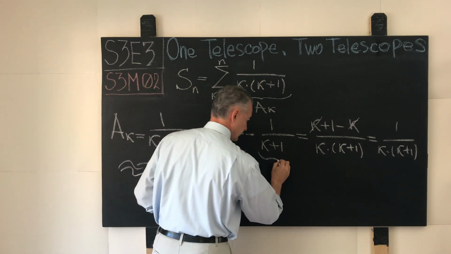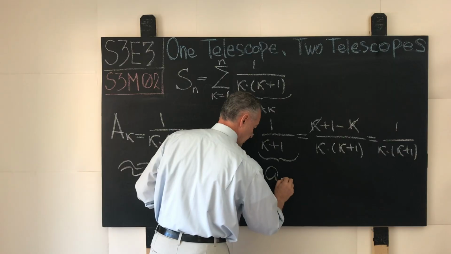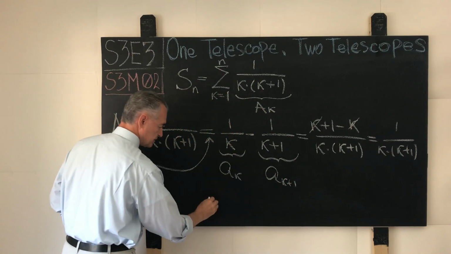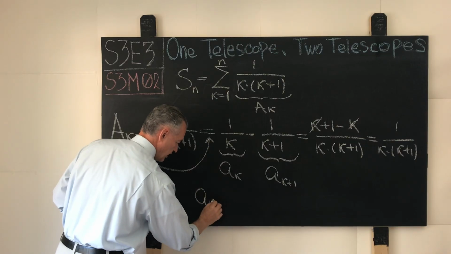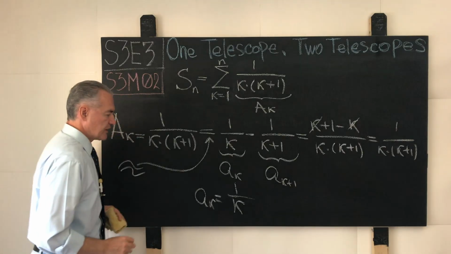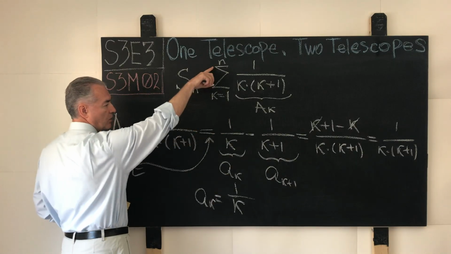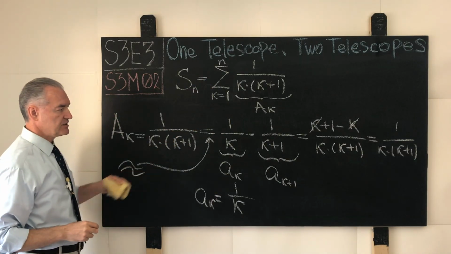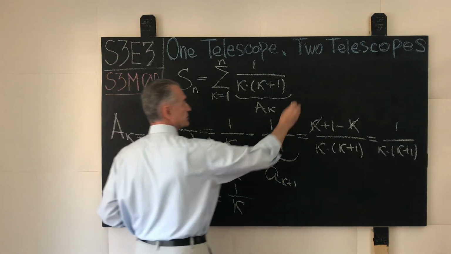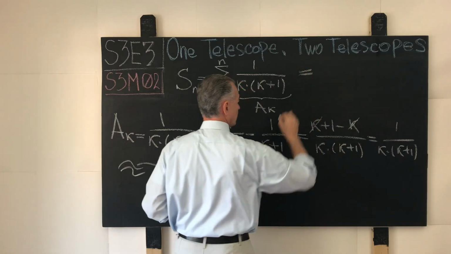And what is this? Well, this is our a k plus 1, because in general, this is what it is. Let's write it down perhaps officially. A k is equal to 1 over k, where k varies from 1 to n. And in this case, what can we say about this sum right here?